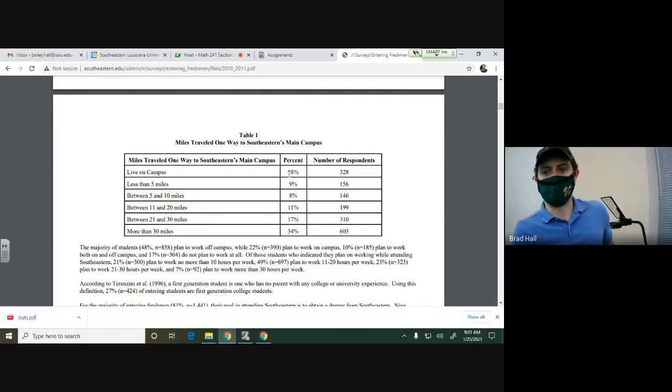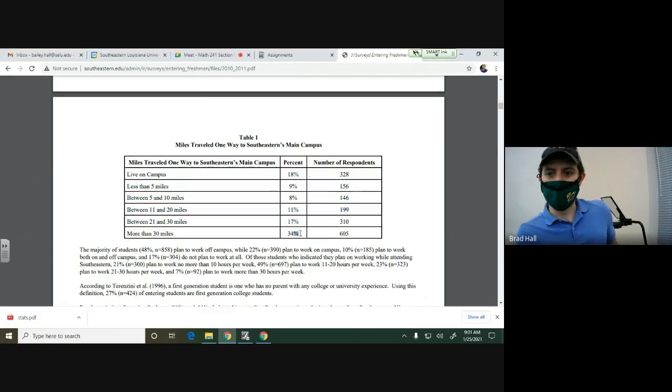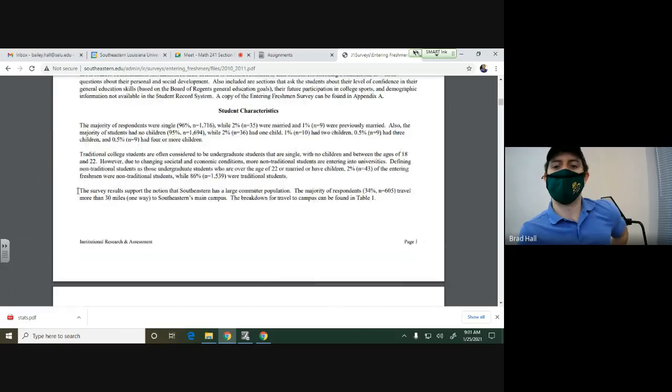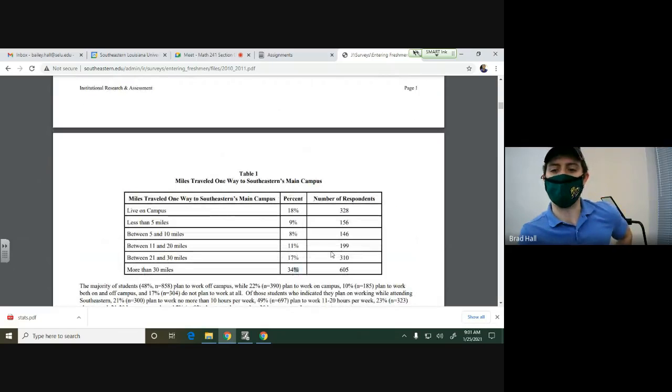They also do stuff like this to predict parking. In fact, the one I was looking at. Okay, here it is. So this table and this spread of information, notice that 34% of people commute more than 30 miles away.